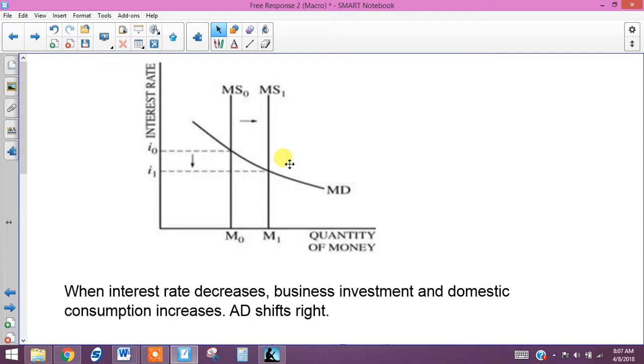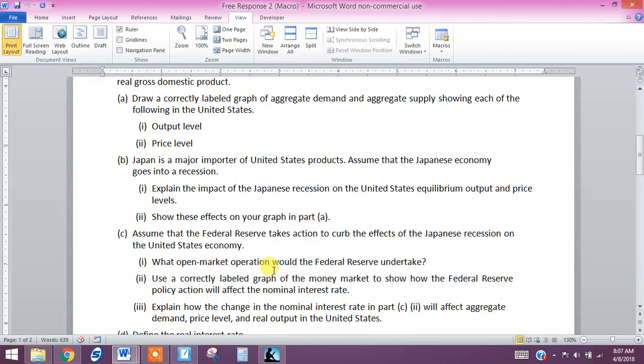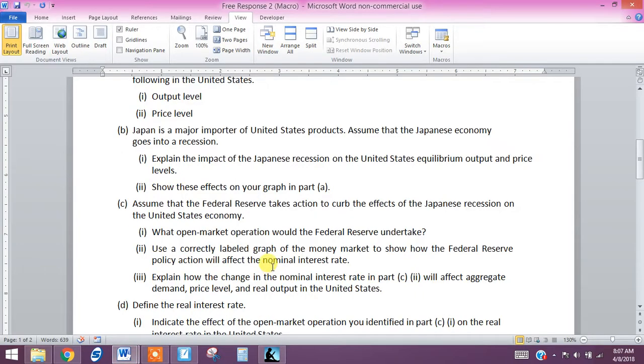Let's jump back to our question and how they're asking it. We want to draw a correctly labeled graph of the money market to show how the Federal Reserve policy action will affect the nominal interest rate. But the first thing you want to do is answer part 1 by saying that they would purchase government bonds, because they're putting money into the supply.